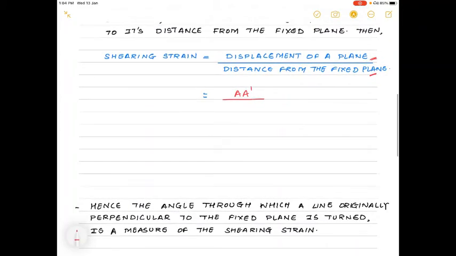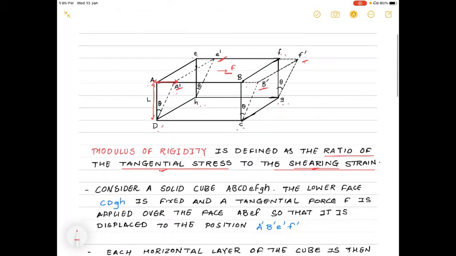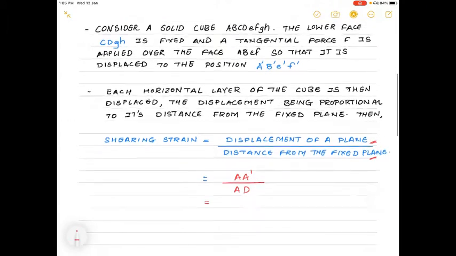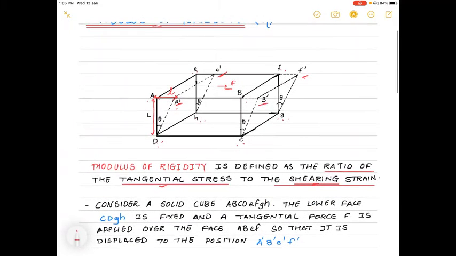So AA prime upon AD is equal to the shearing strain. Now if you see the diagram, this distance AD is capital L and the displacement we name as small l. So AA prime is small l, AD is capital L. So the shearing strain is small l upon capital L.